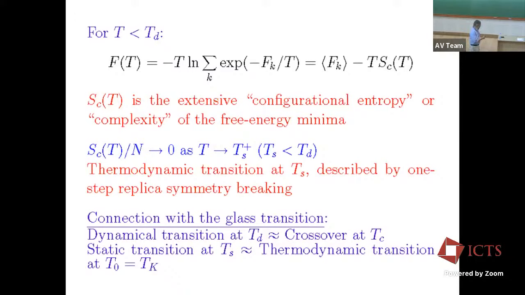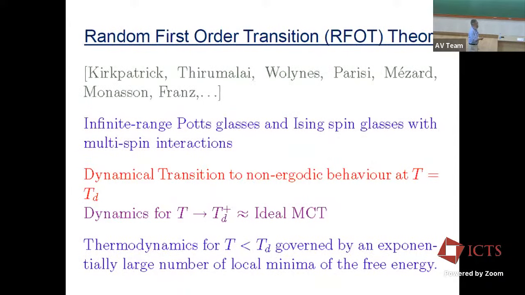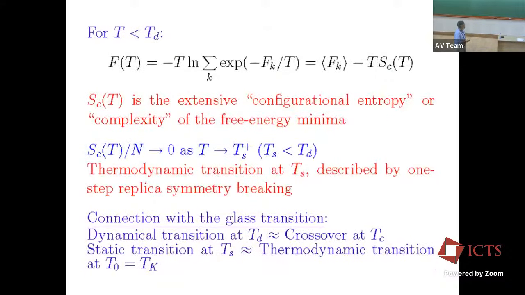So this is a phenomenology that has been established by many people who are studying these models, that this is random first-order transition theory, where one is again looking at a spin glass, but of a different kind, where in the temperature range between this dynamical transition temperature and this static temperature TS, you have extensive configurational entropy, and that configurational entropy per spin vanishes at the lower temperature. And there you have a thermodynamic transition, and that is this random first-order transition theory that we just discussed.